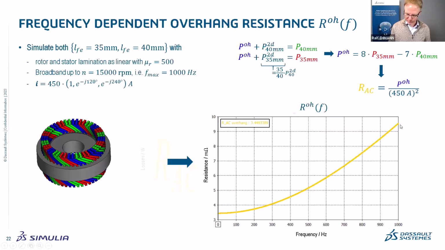And you see here, it fits quite well with the overhang resistance from the stationary current solver, because we can take here the limit to frequency 0, and we find that we have here 3.449, which is 3.45. And this is, within numerical accuracy, the same as the J-Static solver.